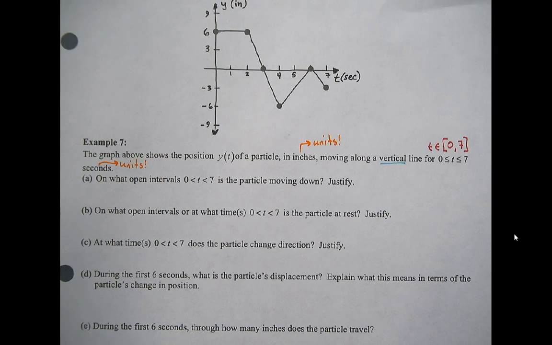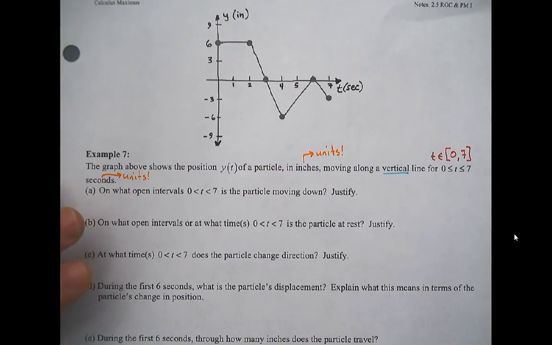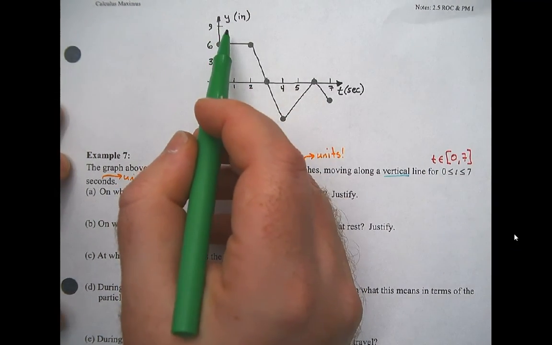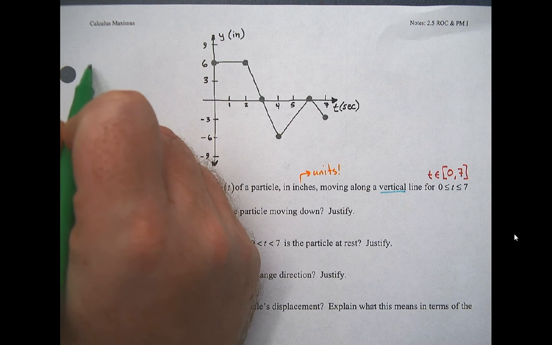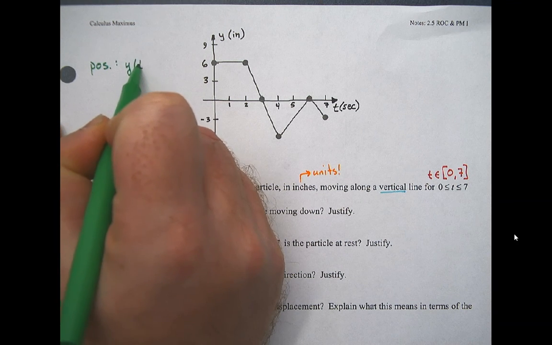Okay, so I always start these off by trying to remember the relationship between position, velocity, and acceleration, and I base it on the equation that I have. So in this case, our position equation is given by y of t. So position, y of t.